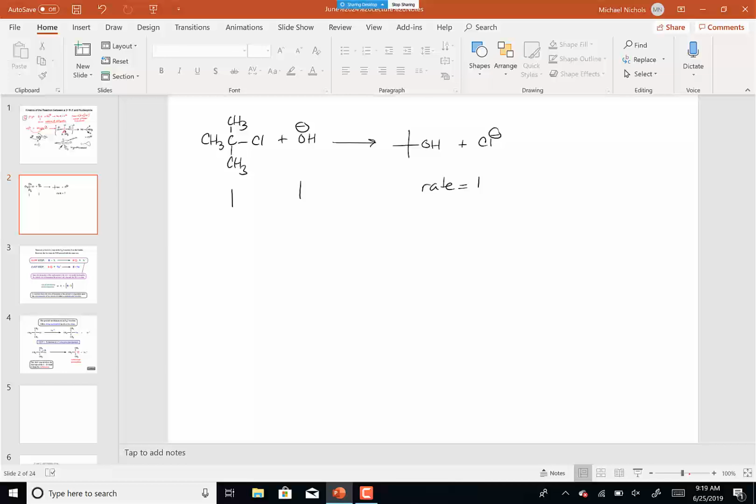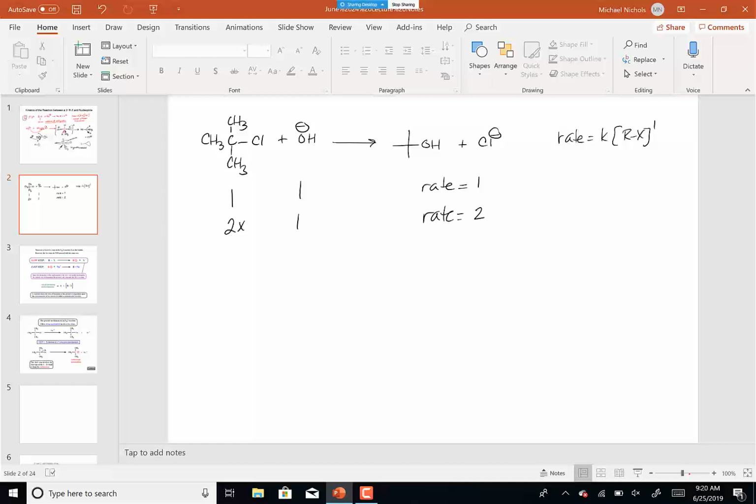Then they said, let's take the alkyl halide and double its concentration, holding the concentration of the hydroxide, and the rate doubled. So in terms of my rate equation, I know that this is now first order in alkyl halide. They might have checked that by making it 3 times the concentration, and the rate increased by 3 times the initial rate. So in alkyl halide, the rate was first order.